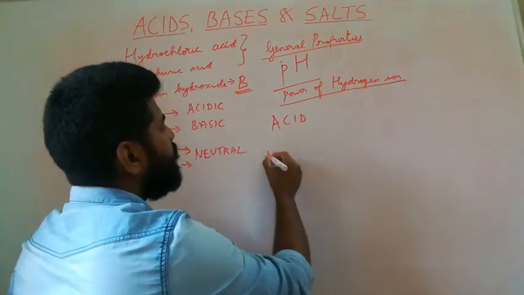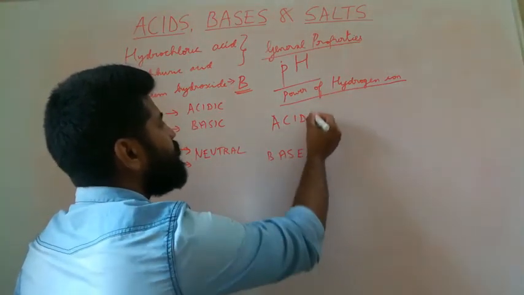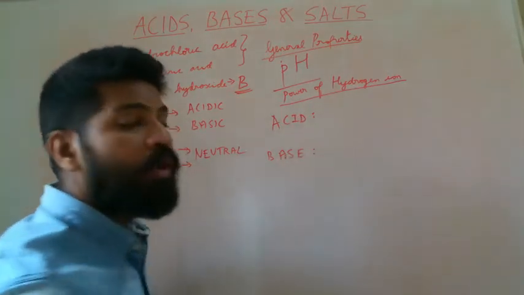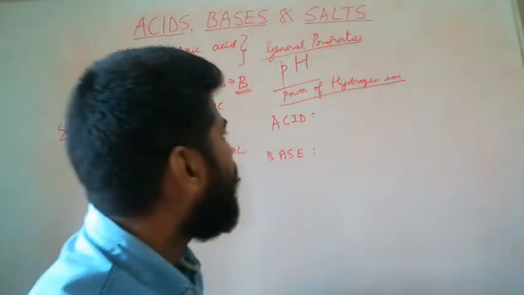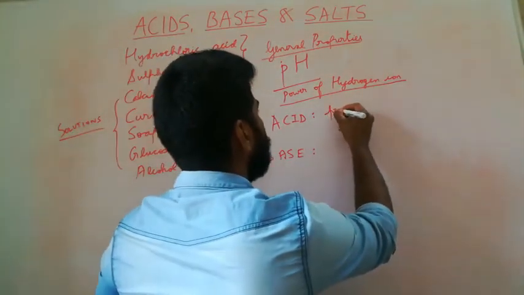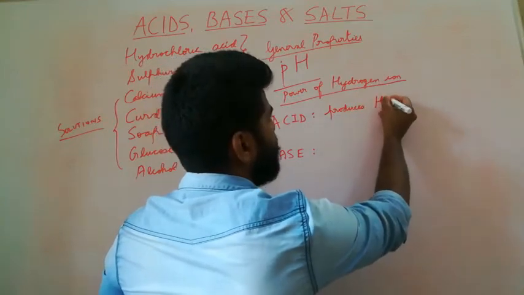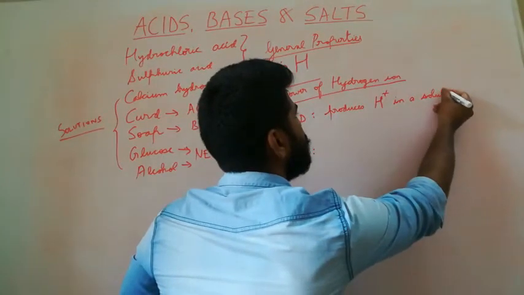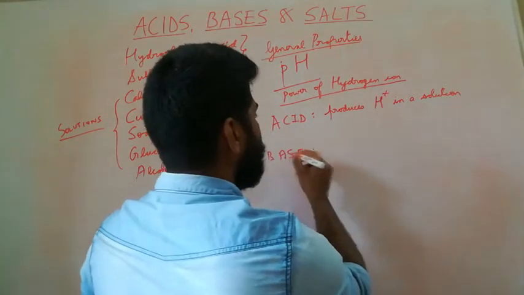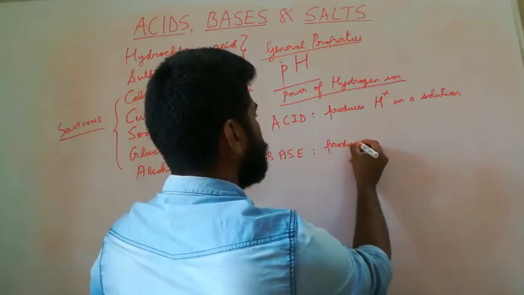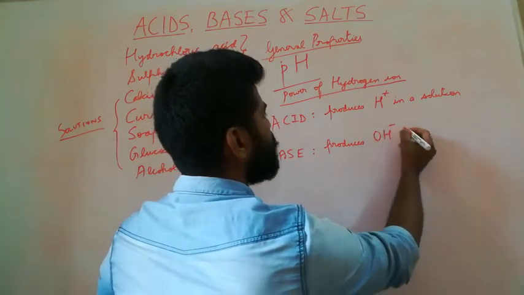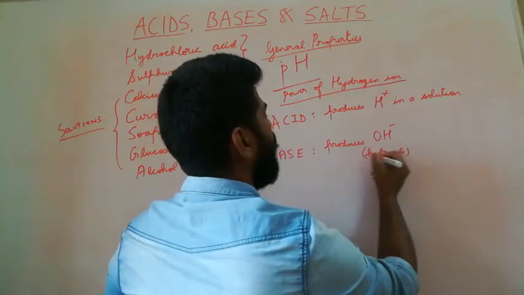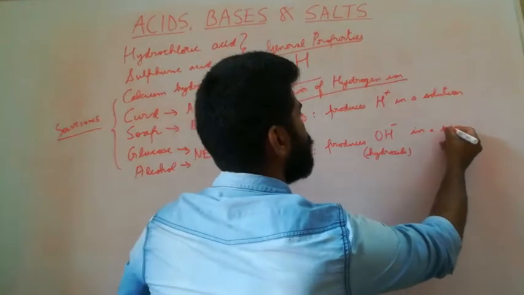an acid and base, if you have to define them based on their chemical property, an acid is a substance that produces H plus hydrogen ion in a solution, whereas a base is a substance that produces OH minus ions, that is hydroxide ions in a solution.